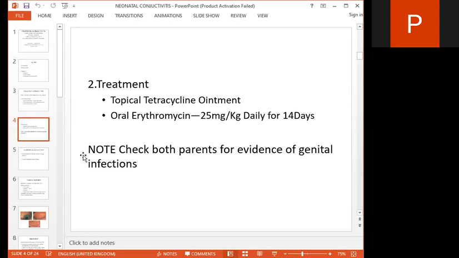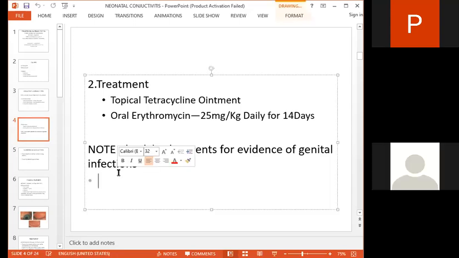Please take note. Check both parents for evidence of infections. These are swabs. Whether people are living together, you can check that. But sometimes you find these parents, even before you talk of checking, they know about it, and each one is blaming the other as the cause.